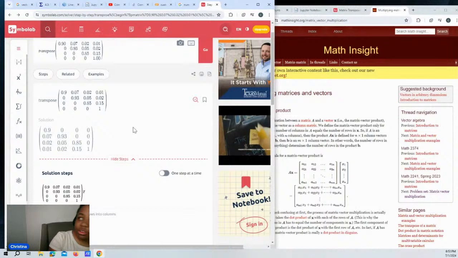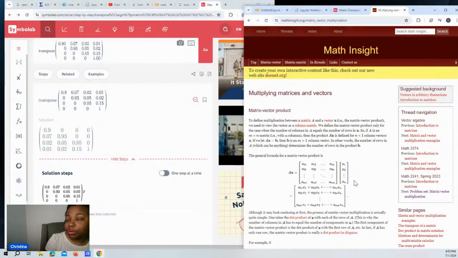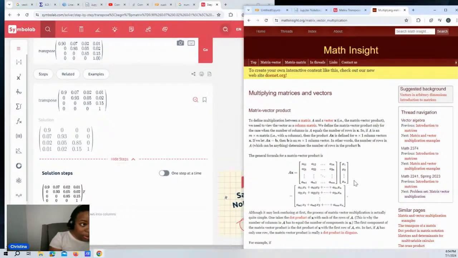And this new matrix, if I transpose, doesn't really matter which way I put it, right? I'm going to get 0.85, 0.10, 0.05, and 0. Okay.